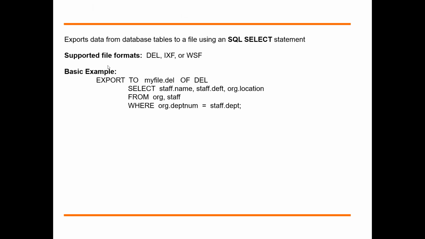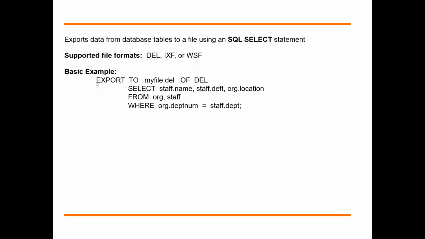What are the file formats it supports? We discussed 5 in the previous slide, but it only supports 3. It supports delimited ASCII, it supports IXF, it supports worksheet. But it does not support non-delimited or fixed. It does not support cursor.